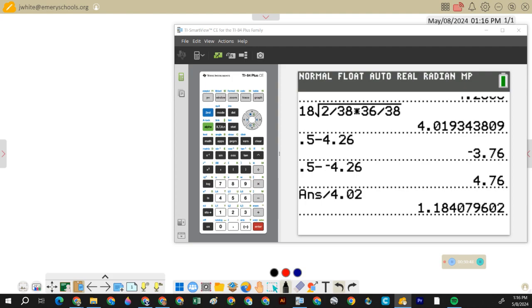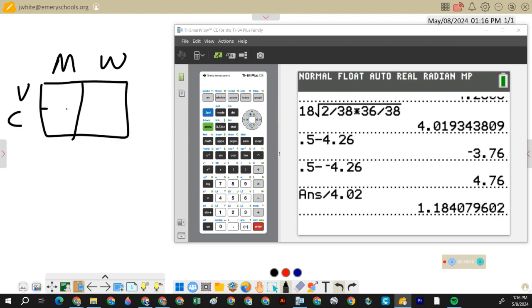So let's say we had men and women, vanilla and chocolate ice cream. Let's make this easy. 20, 30, and 10, 40. Okay.